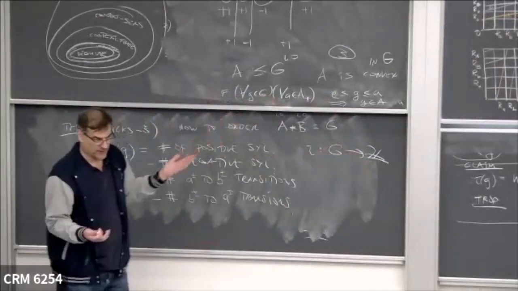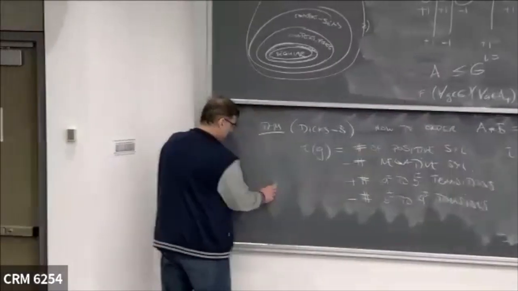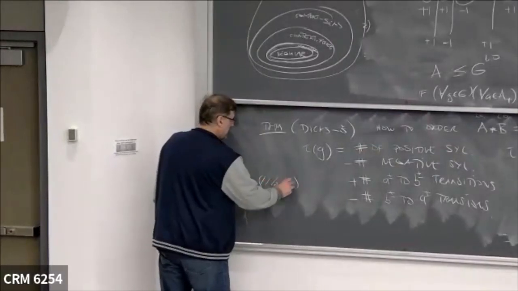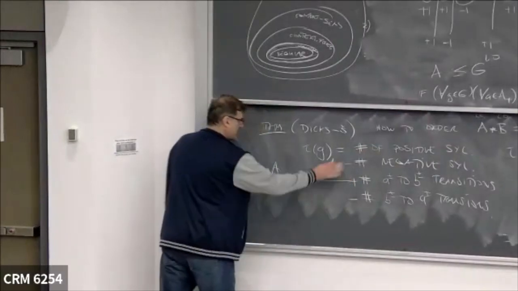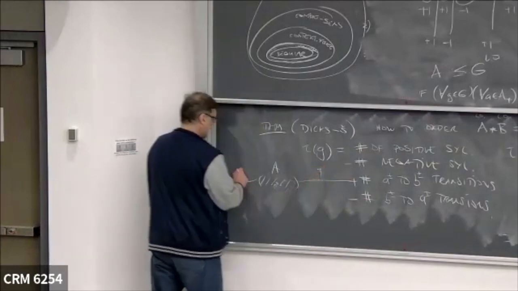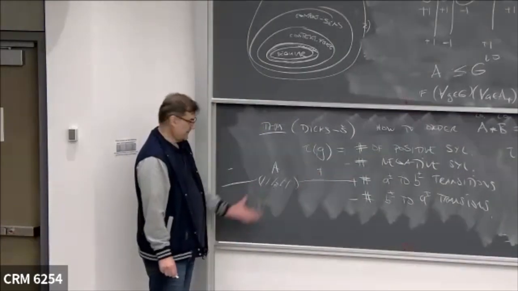That's a way to say it. Or you have the identity here, and around it is the subgroup A, then this way are the rest of the positive elements, and this way are the rest of the negative elements. So A is convex.